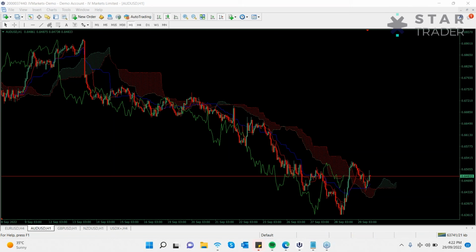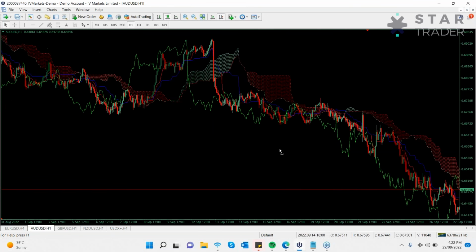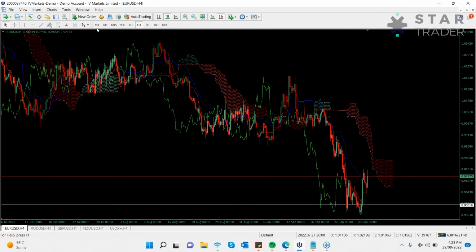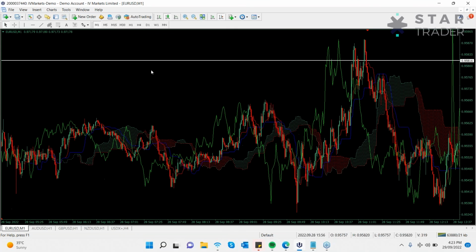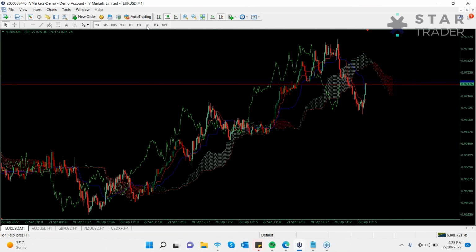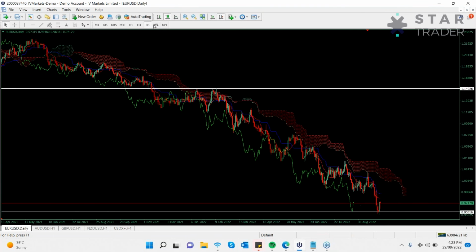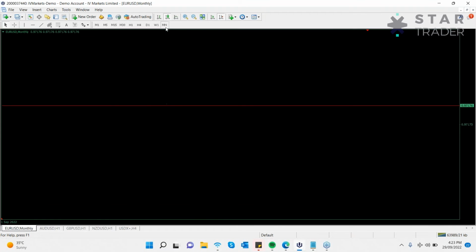So now, this is the Ichimoku Kinko Hoyo indicator overall. As you can see over here, we have the time frames. It works on M1, M5, M15, M30, H4, daily, weekly, and monthly.